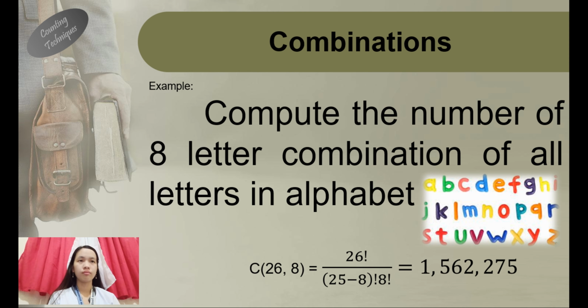So, 26 factorial over the quantity of 26 minus 8 factorial times 8 factorial, which is equivalent to 1,562,275.